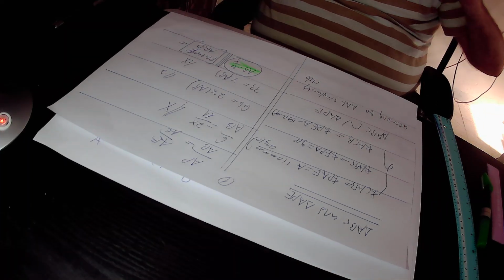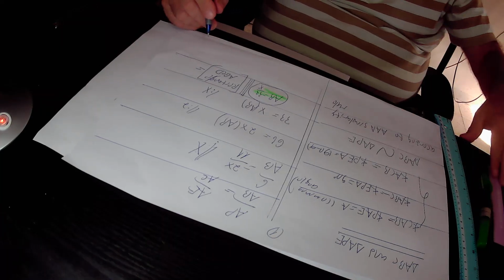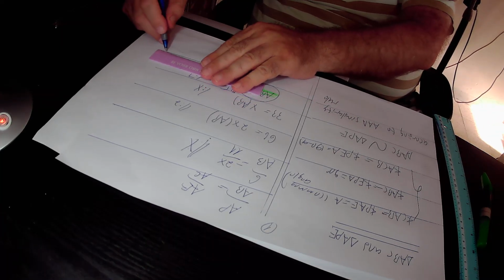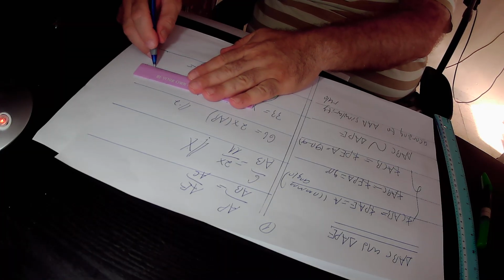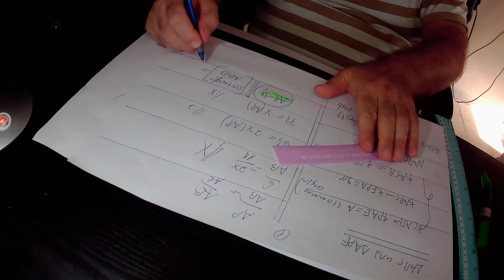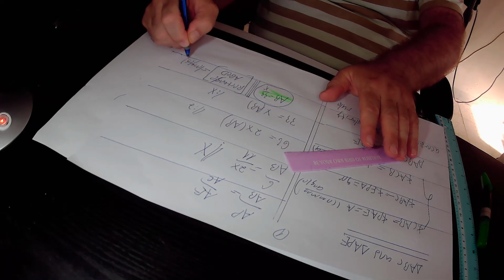Actually, we know that the area of any rectangle equals the length of the rectangle times the width.